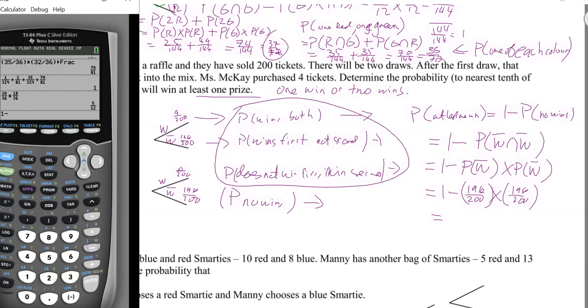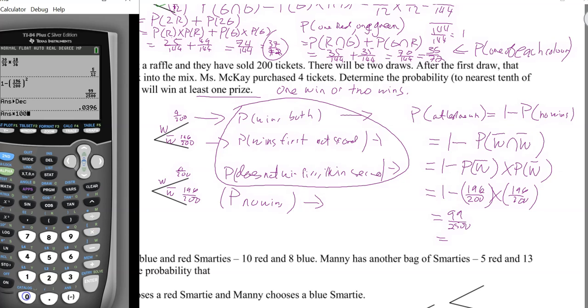which is 1 minus 196 out of 200. Now, instead of multiplying it by itself, let's just square that. And we get 99 out of 2,500. That makes perfect sense, right? I have no idea what that means, so let's convert it to a decimal. 0.0396.